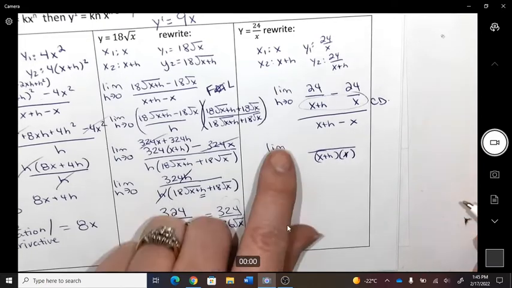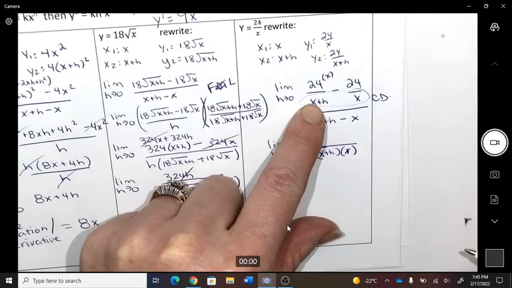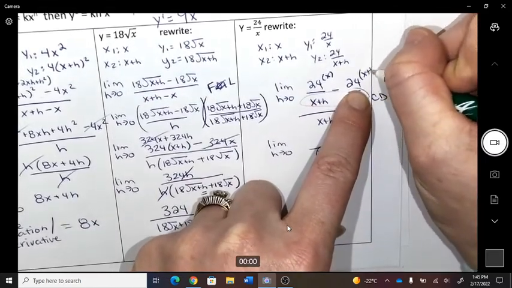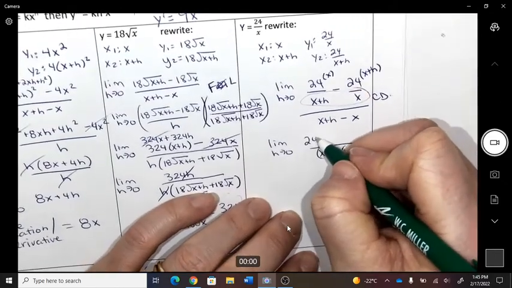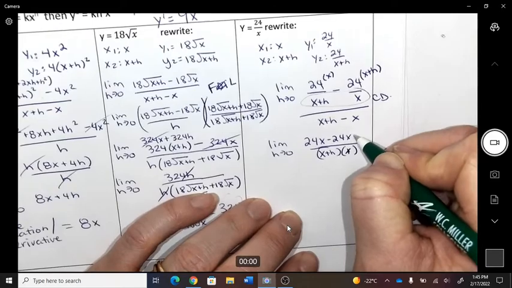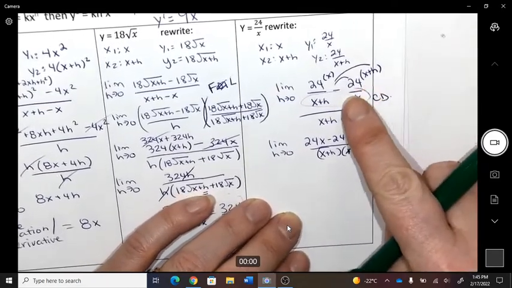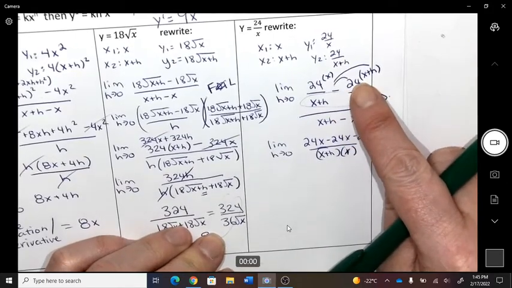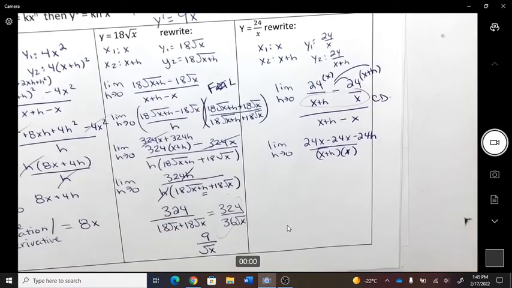Okay, so that means this first fraction, I'll need to times by x. This second fraction, I'll need to times by x plus h. Okay, don't forget, this would be a spot to make a mistake probably, the negative 24 through, right? That always catches people on the second distribution.